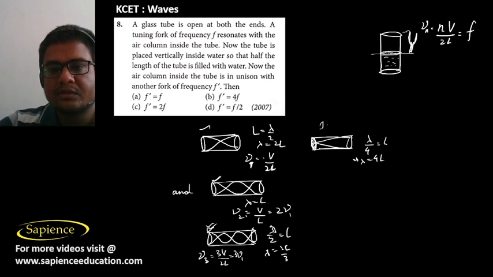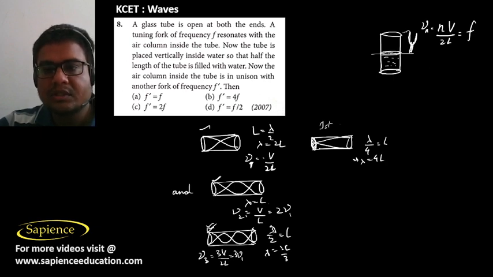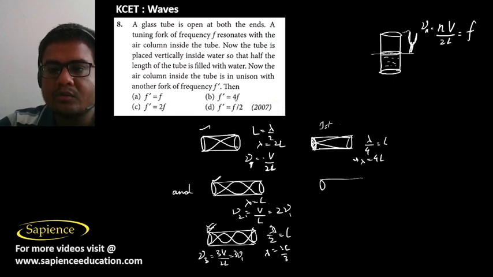So here we have the first harmonic. For a closed end organ pipe, we have only odd harmonics, first harmonic, then the third harmonic, which will be somewhat like this. So here we have lambda by 2 plus lambda by 4, that is 3 lambda by 4, equal to L. So lambda equal to 4L by 3.